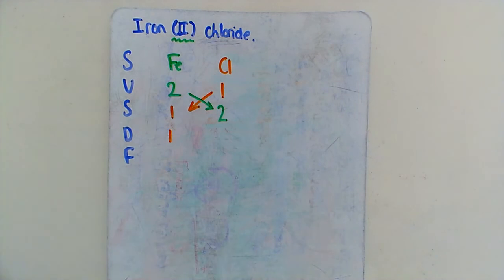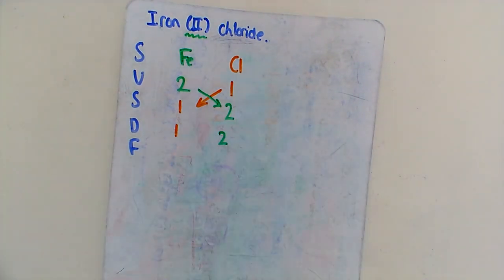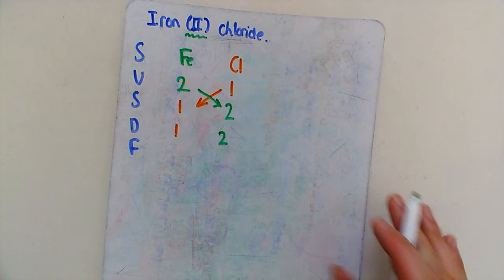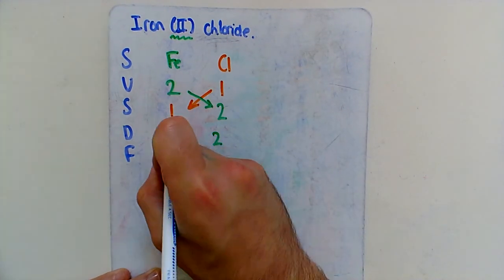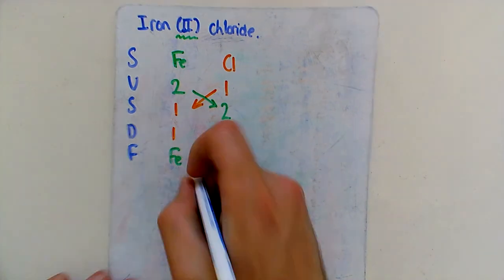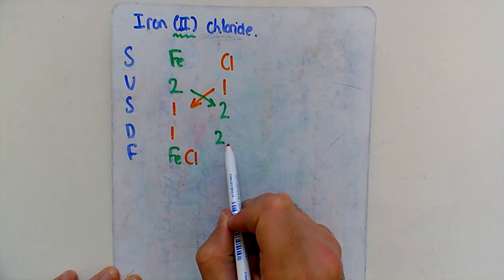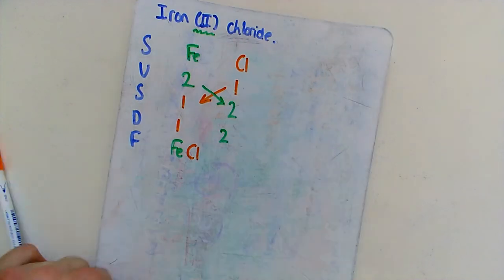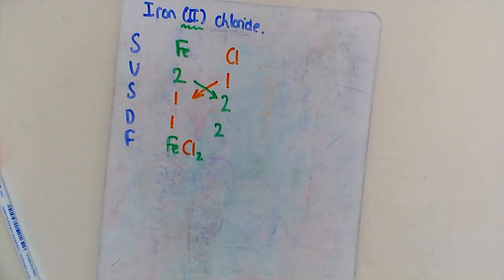So we keep it as a 1. We keep that as a 2. And then what we do is we write the symbols underneath. So iron, symbol is Fe. There's a 1 in the column, so we don't need to write anything. Chlorine, we write the symbol, the number at the bottom is a 2, so we write a 2. FeCl2.